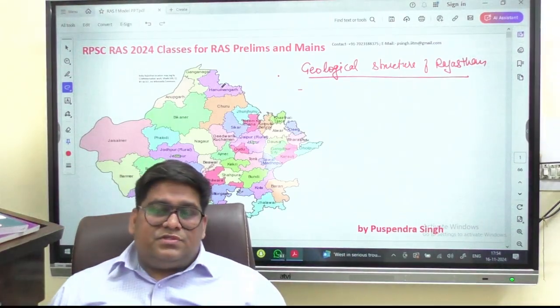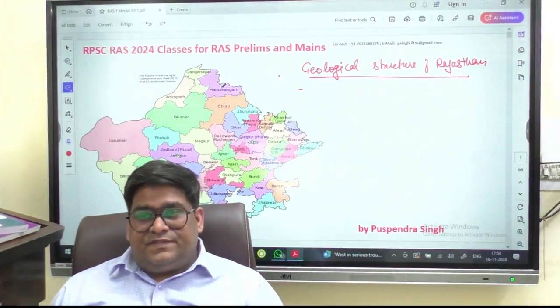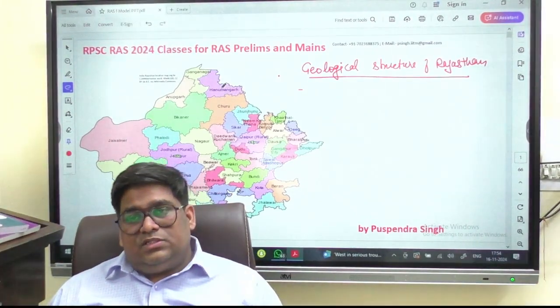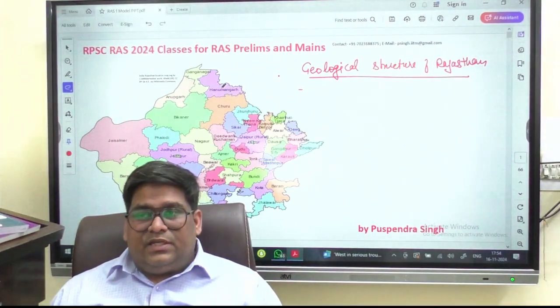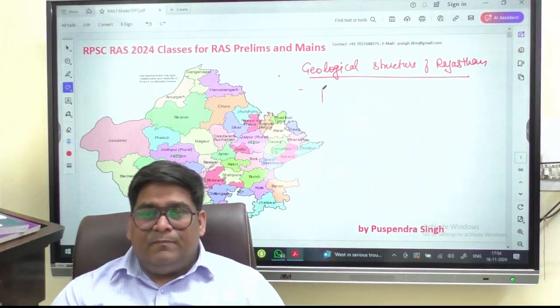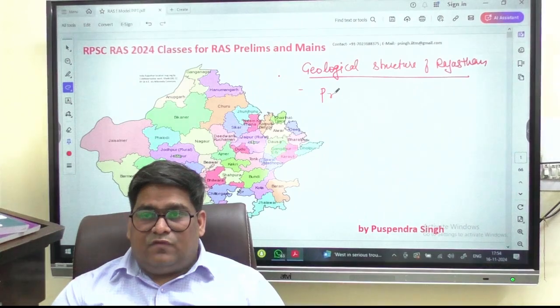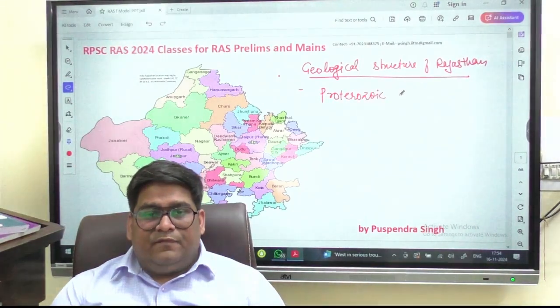Now, the geological structure basically comprises several phases. So you can study the geological changes in the geological structure of Rajasthan in terms of several phases. For example, you can have different eras, like first of all, the Proterozoic era.